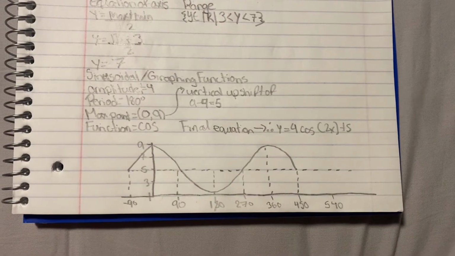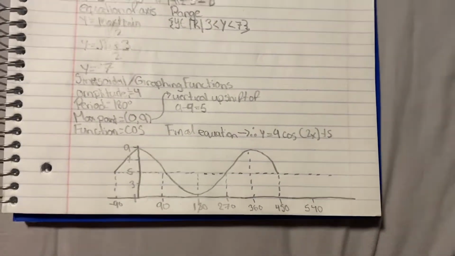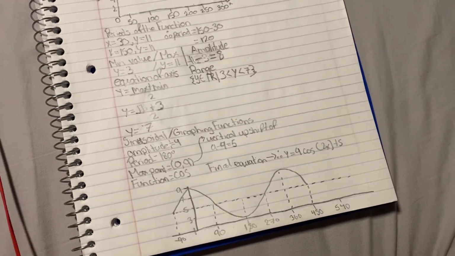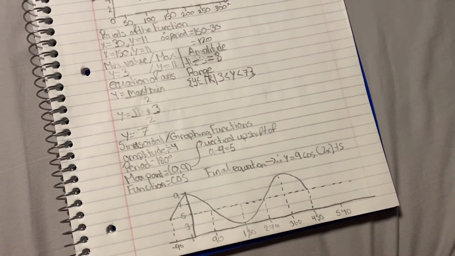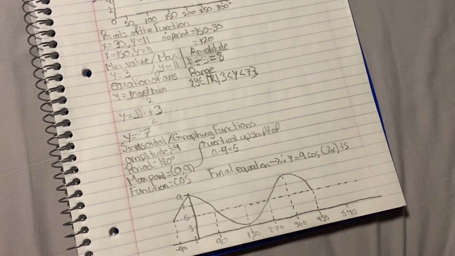Now moving on to sinusoidal and graphing functions. To start with, in order to find the equation, I had to find the vertical upshift, which was 5, since the rest of the information was given to me.